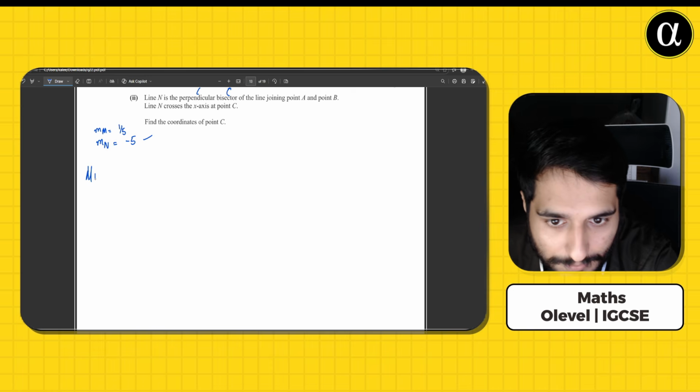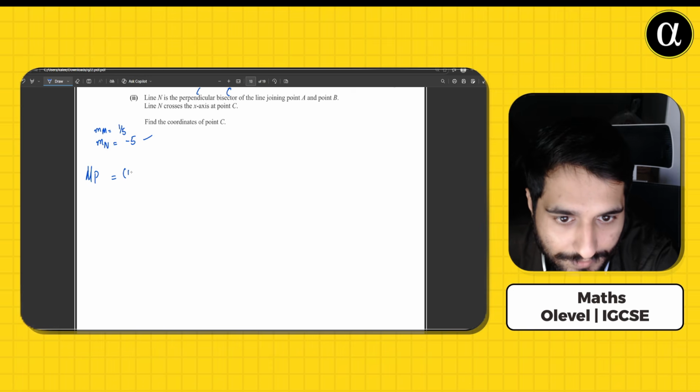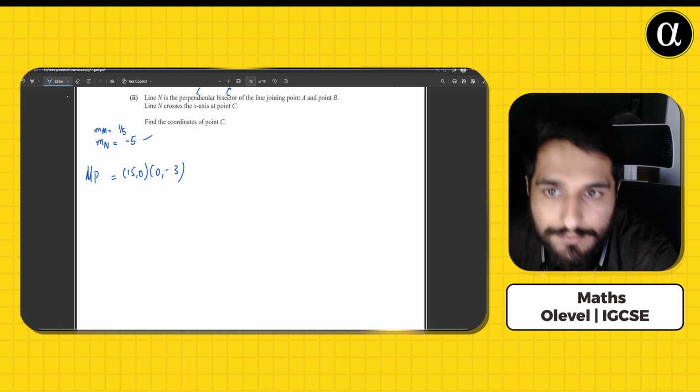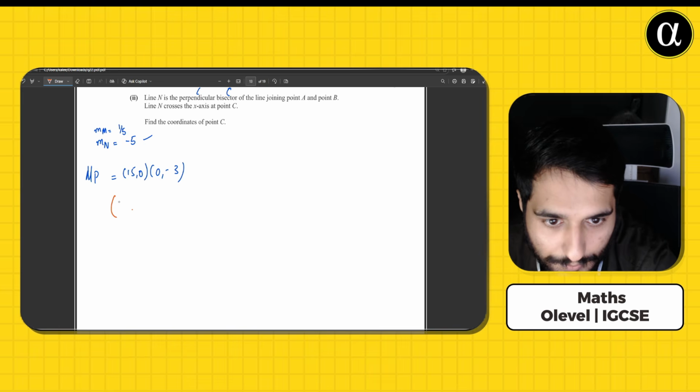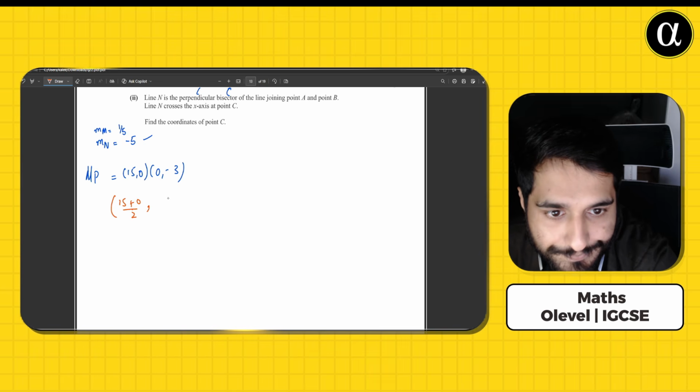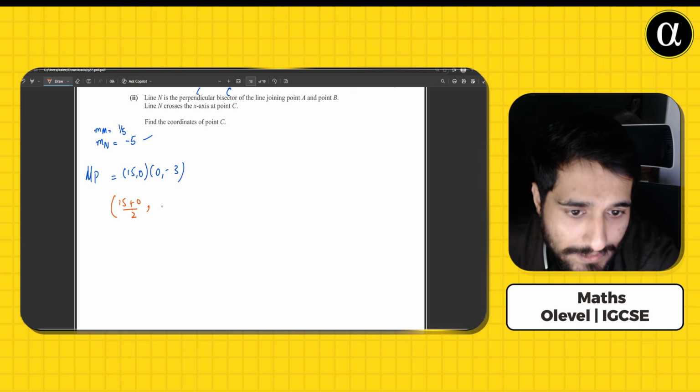So the midpoint is going to be 15 plus 0 over 2, comma, 0 minus 3 over 2, and the coordinates turn out to be 15 over 2 and minus 3 over 2.